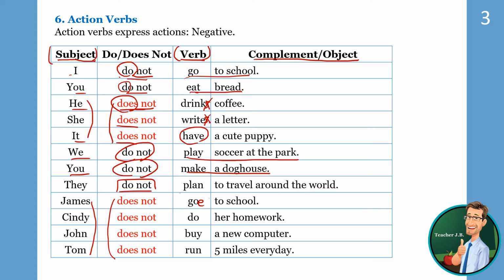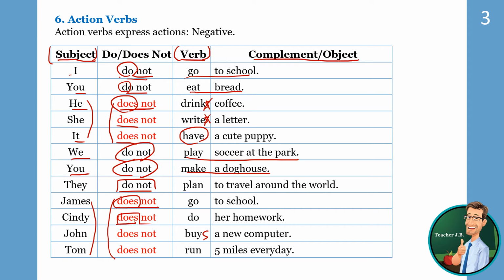James goes to school. Again, we are negating this, so we use does instead of goes. So remove es. Say, James does not go to school. Cindy does her homework. But this is negative, so we remove es. Instead we use does not do her homework.